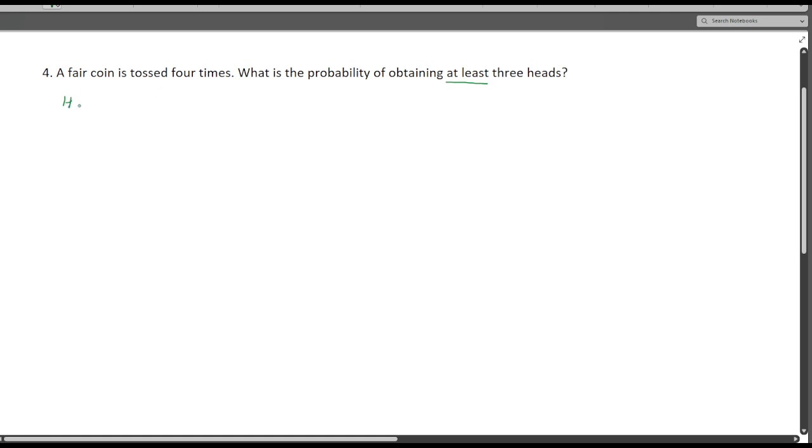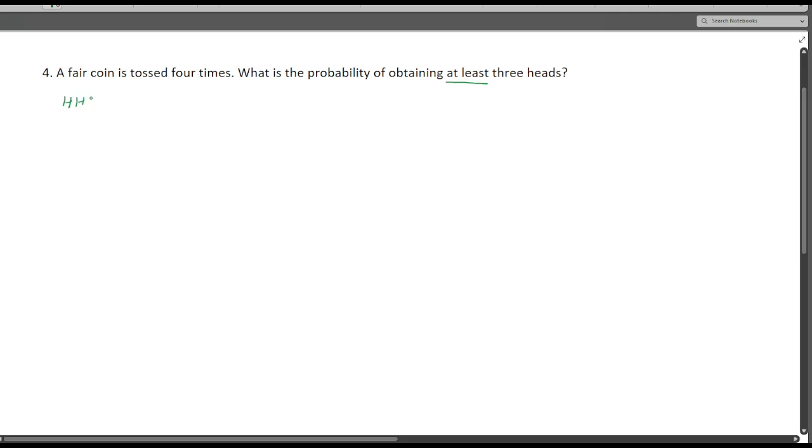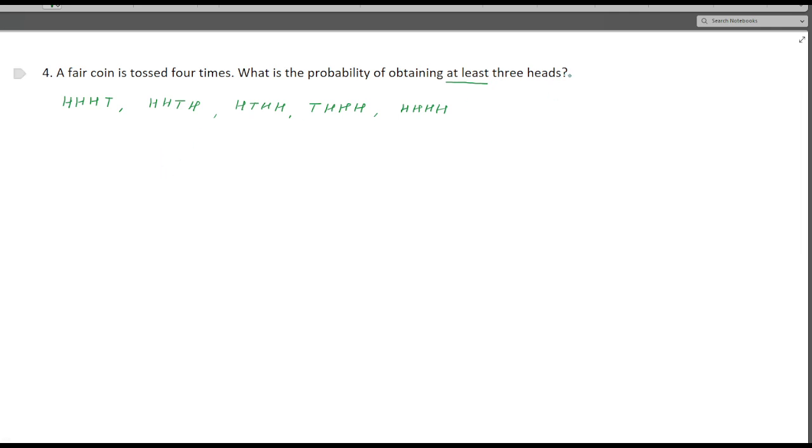If I represent head with H and tail with T, then getting at least 3 heads can be 3 heads and 1 tail in different orders: HHHT, HHTH, HTHH, THHH, or all 4 heads, HHHH. These outcomes favor the condition that there are at least 3 heads.